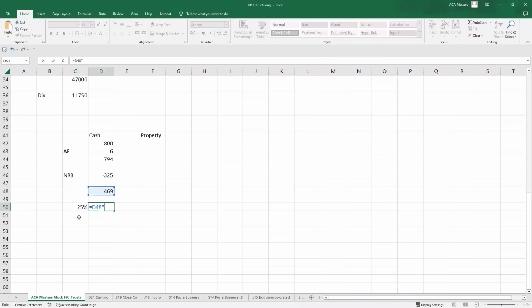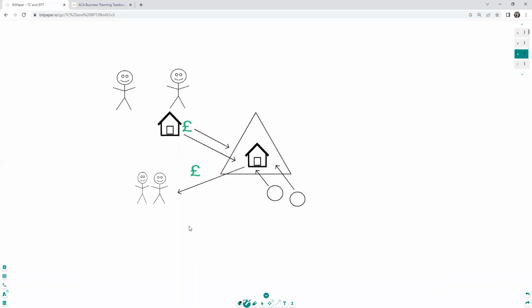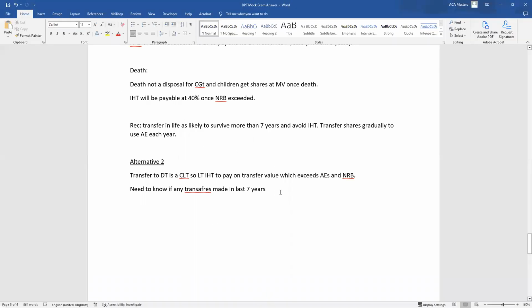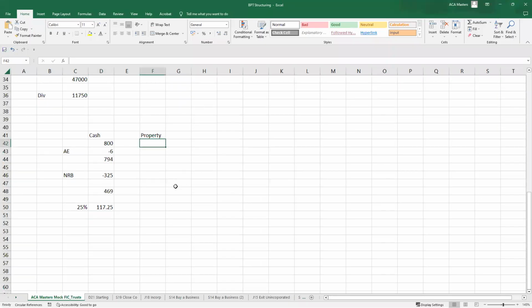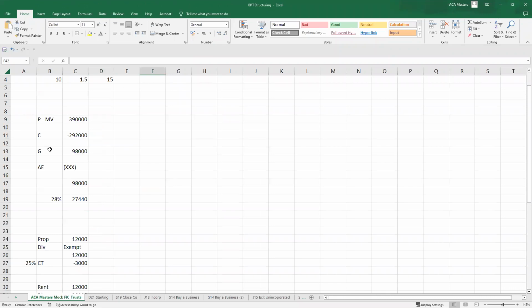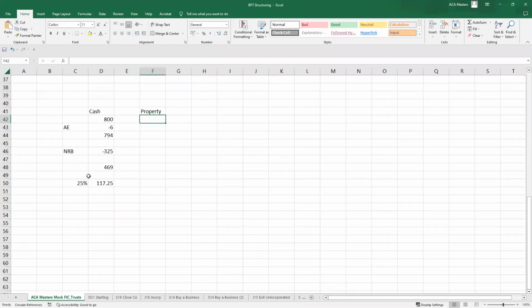But here you'd have the IHT that would be payable at 25%. So need to know if transfers were made in the last 7 years and if Anna or the trustees will pay the IHT. Presumably it's going to be Anna, and that's what we've assumed there. And then they're going to do another transfer of the property, which was worth 390k. Obviously, there's no annual exemption because they're doing this transfer and then presumably this one straight after.